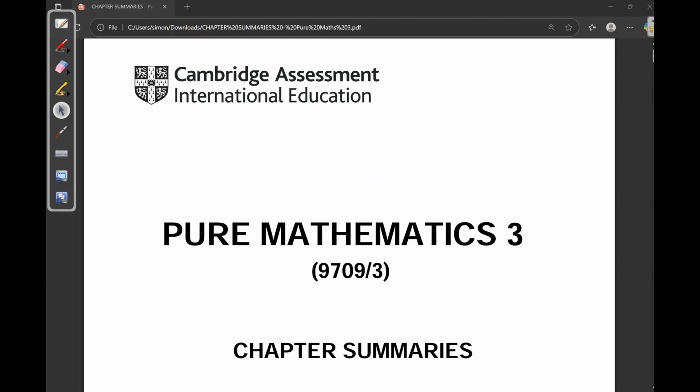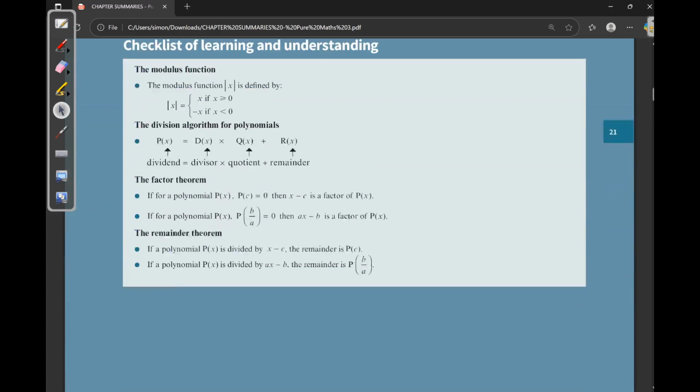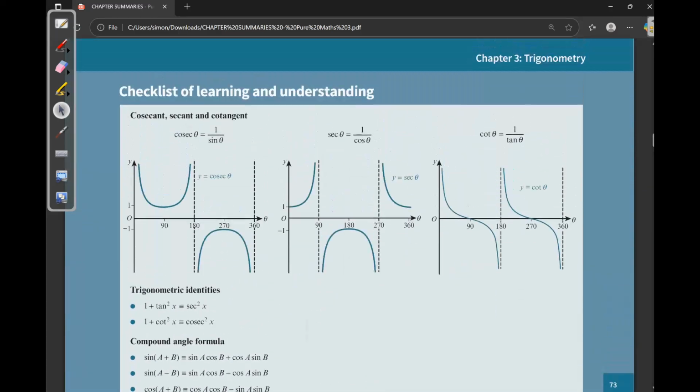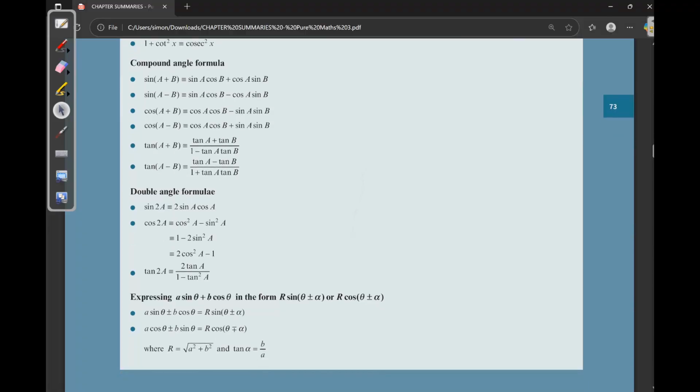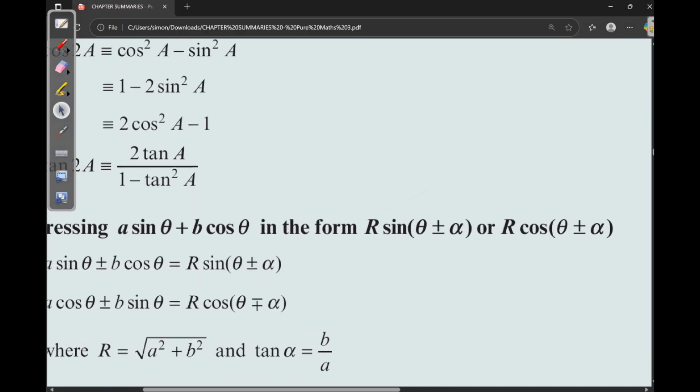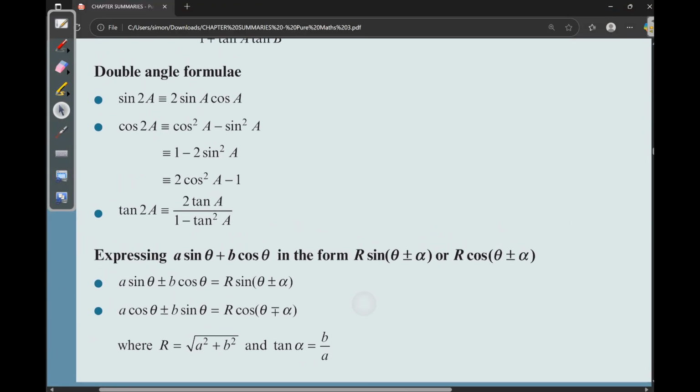Okay, in my chapter summaries, I can actually show you that. Very fast here for trigonometry, I want you to see what is happening here. For sine, whether plus or minus in here, that is what we are going to have here.